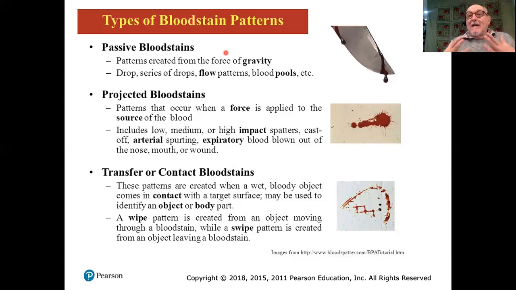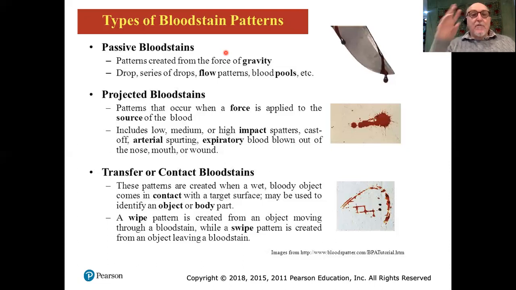In all of these cases, it is possible to break blood vessels and force blood out of the body and have it projected in a pattern. So the projected blood stains are patterns that arise when you apply force to a source of blood, the victim.